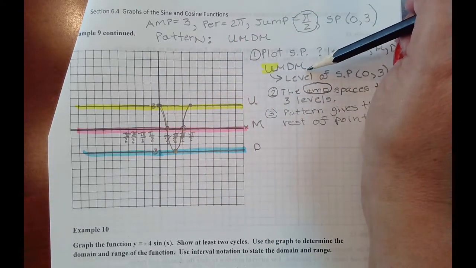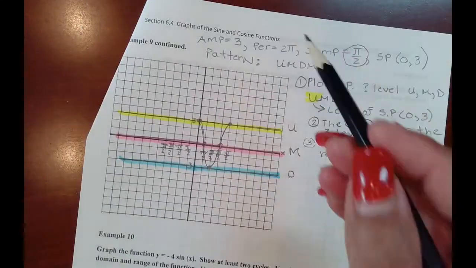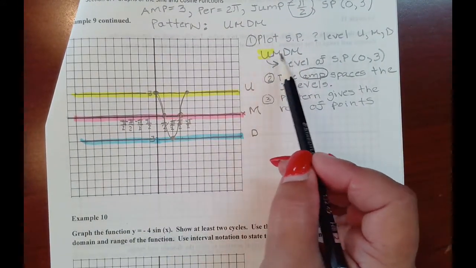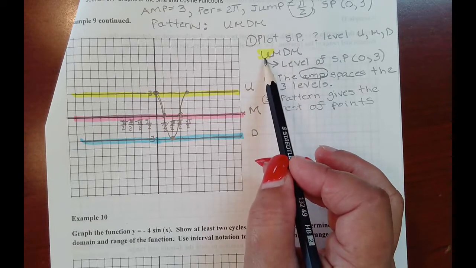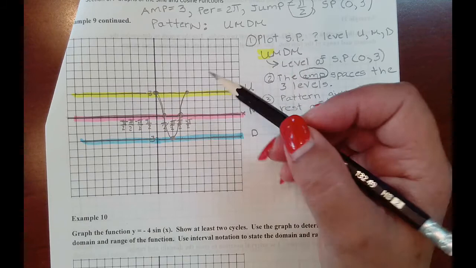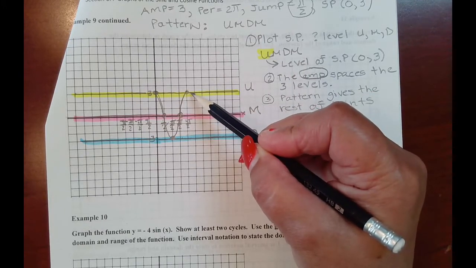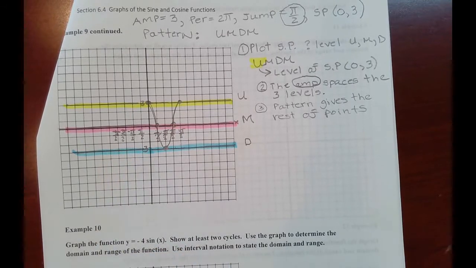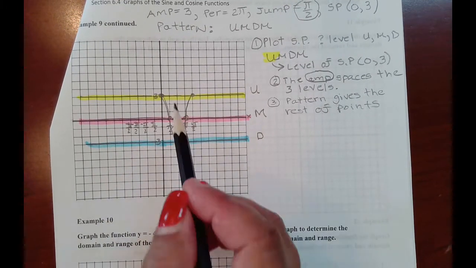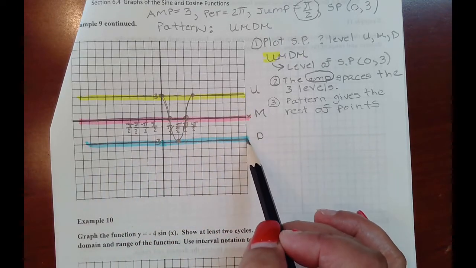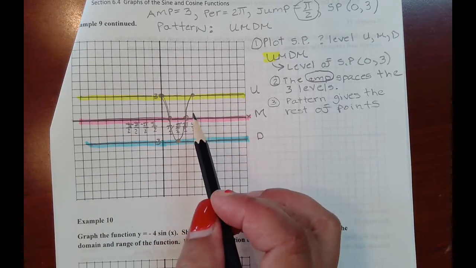I ran out of that, and you're going to see you don't need to look at this throughout the whole problem. Once you get to the end, you can come right back to the beginning and repeat the pattern again, which is what I did for this point. Or you can just use common sense here. You can just visually follow the pattern. You're always staying wedged in between the uppermost and the lowest level.